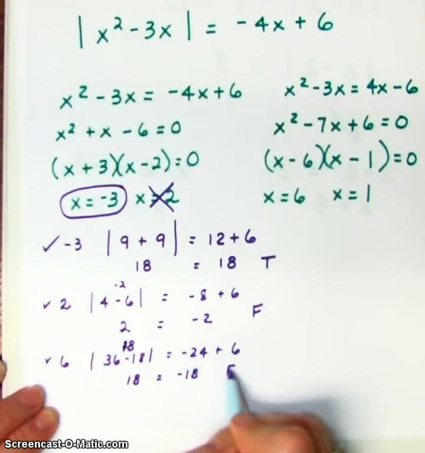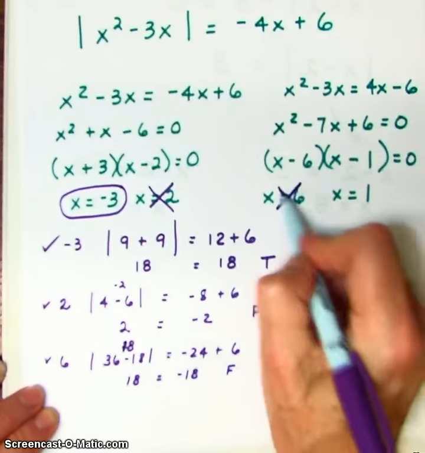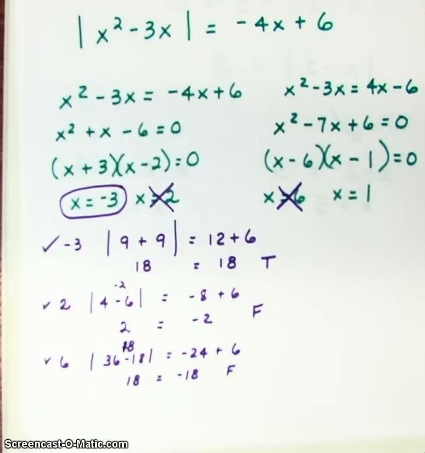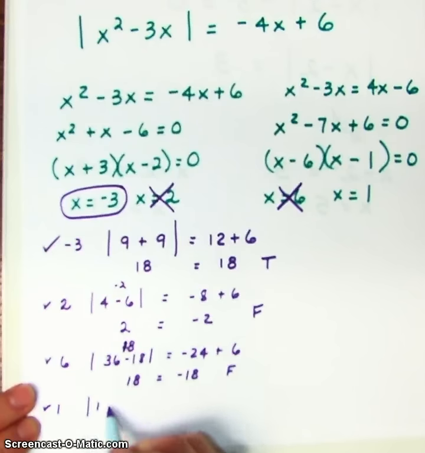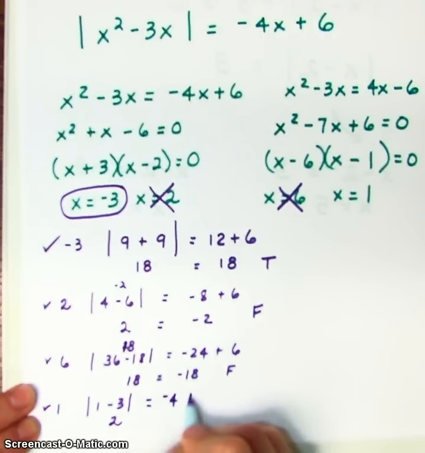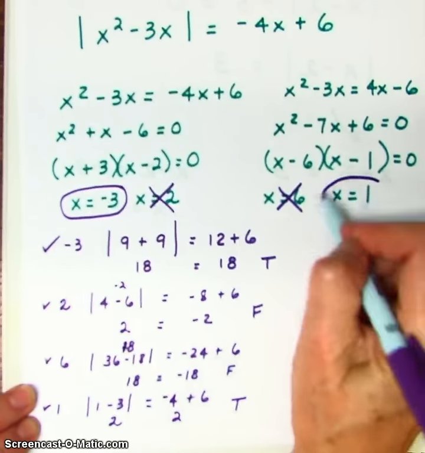And once again, that is false, so that is not a root. And finally, let's check 1. That's 1 minus 3, which is negative 2. The absolute value of that is 2, is equal to negative 4 plus 6, which is 2. That one is true. This is a solution.